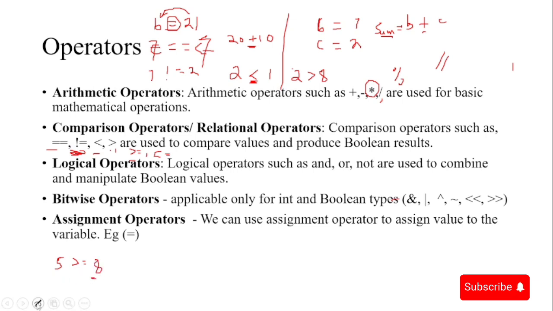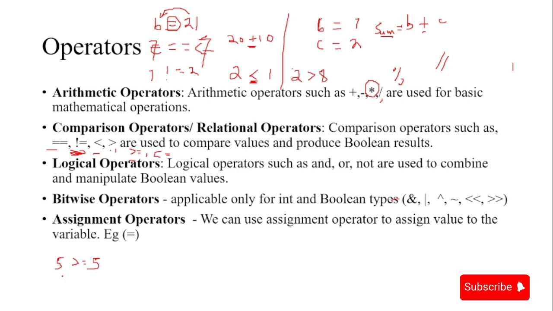Sorry, let me get it right. Let's say this is 5. So this value on the left, which is 5, is either equal to the value on the right, or it is greater than the value on the right. Or the value on the right is greater than the value on the left.